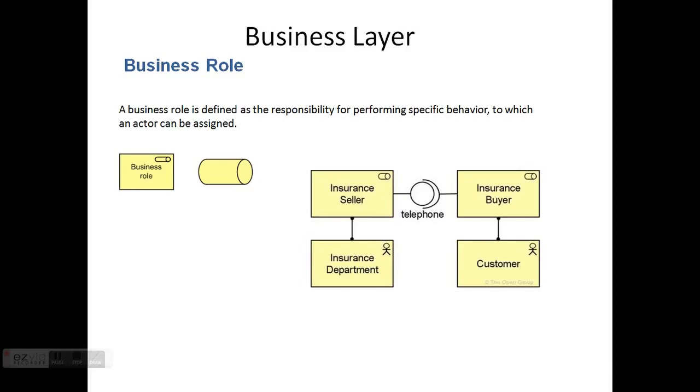In addition to the relation of a business role with behavior, a business role is also useful in a structural organizational sense, for instance, in the division of labor within the organization.